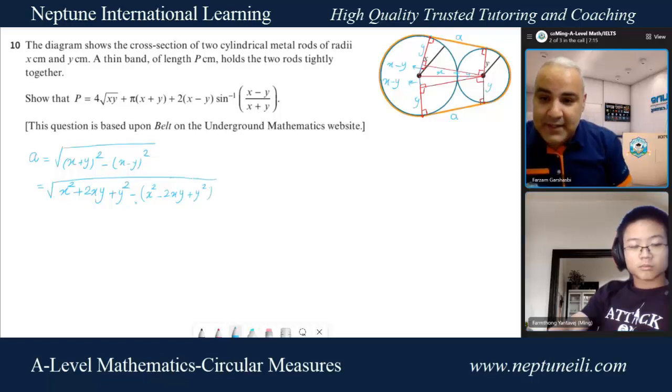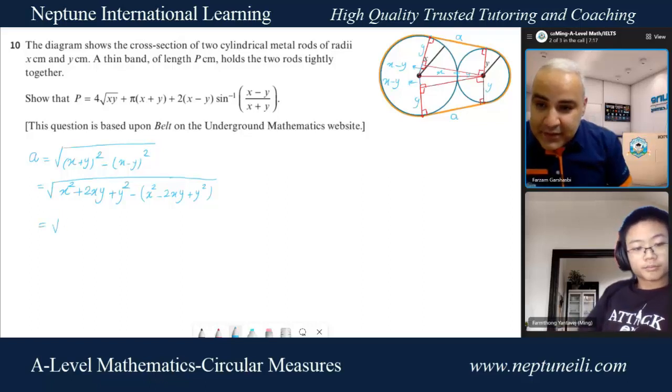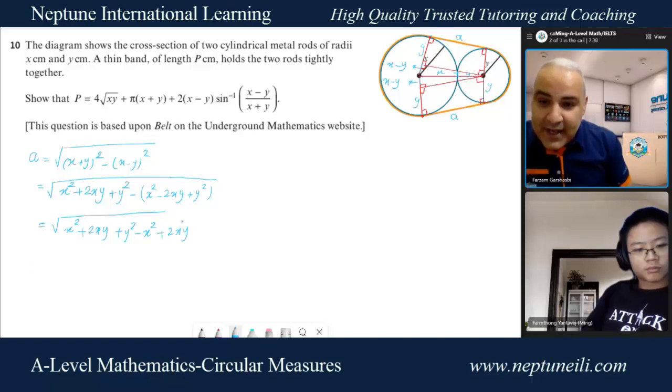Then we apply this negative, so we will have x squared plus 2xy plus y squared minus x squared plus 2xy, and then minus y squared, correct?